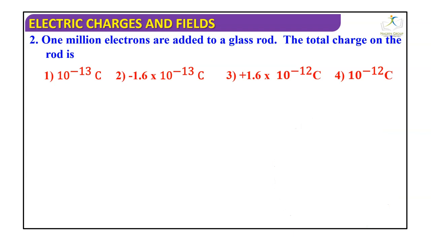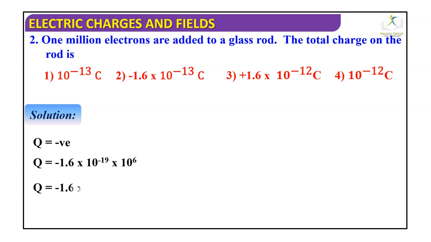So the solution part is, Q is negative. So Q is equal to minus 1.6 into 10 to the power minus 19 into 10 to the power 6, because this will be 1 million only. Q comes to minus 1.6 into 10 to the power minus 13 coulomb. According to that, the second option is our correct answer.